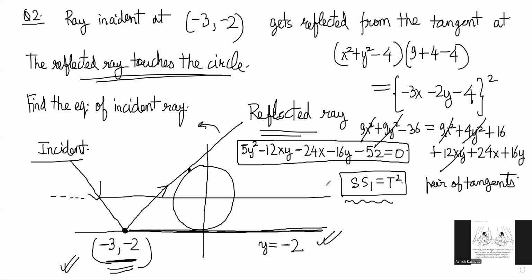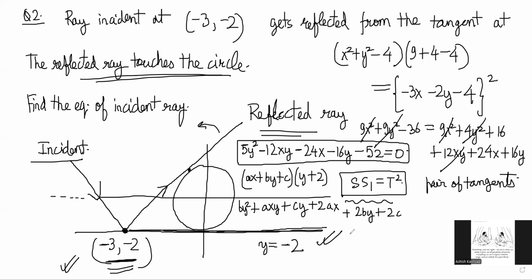So if my second tangent was ax plus by plus c, if I multiply that with y plus 2, that should be same as this equation, right? Yes, sir. So let's do that calculation now. You will get by square plus axy plus cy plus 2ax plus 2by plus 2c.